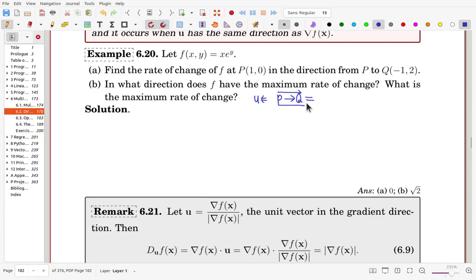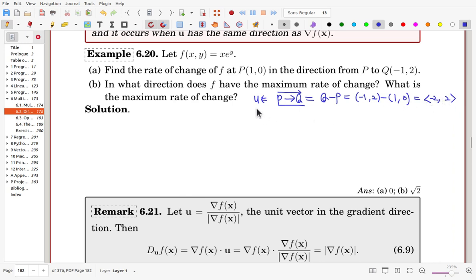How can we express that? That is basically Q minus P. Q is (-1, 2), and P is (1, 0). So the vector is (-2, 2), the direction of (-2, 2).